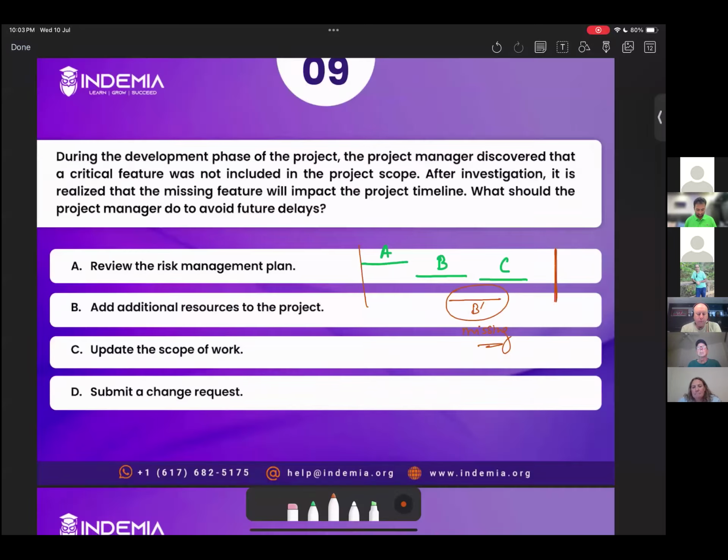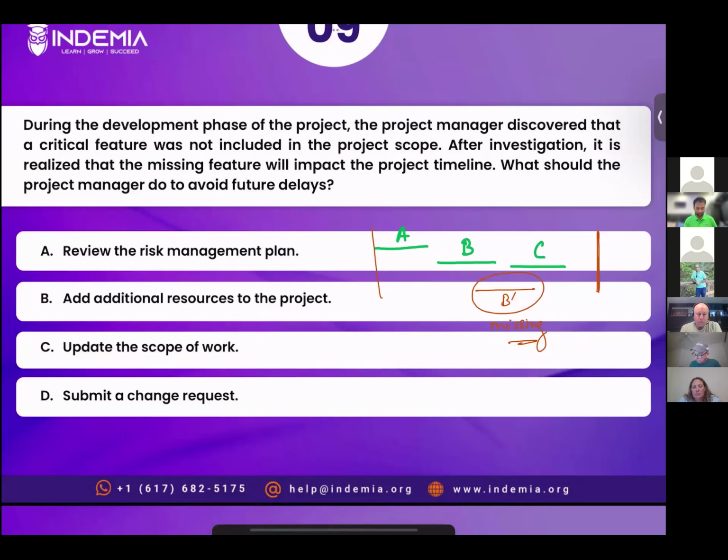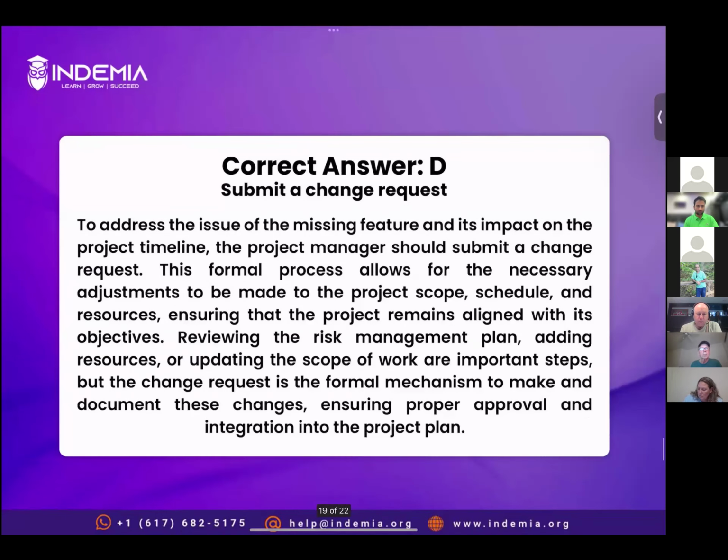So the correct answer is option D, submit a change request, because when you submit a change request, you can adjust your plan, your schedule, and your resource allocation. Let's read the explanation. The explanation is exactly similar to what Suhas has explained. All right, next question.